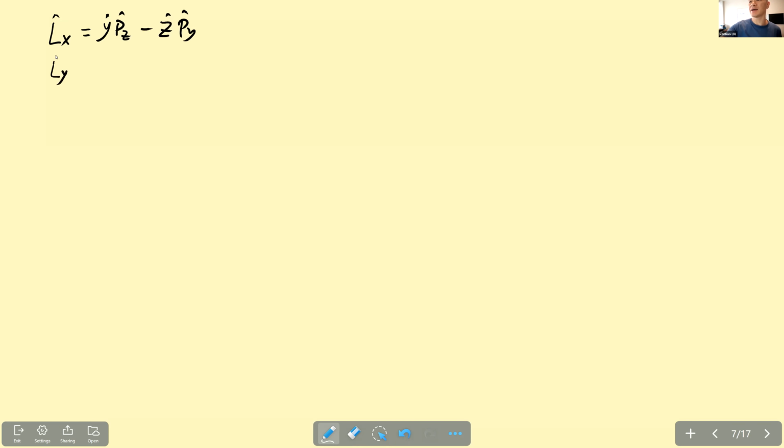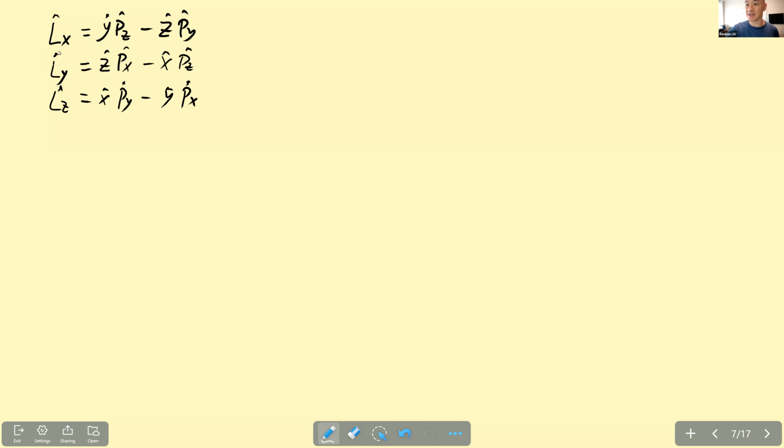And Ly equals z px minus x pz, and Lz equals x py minus y px.